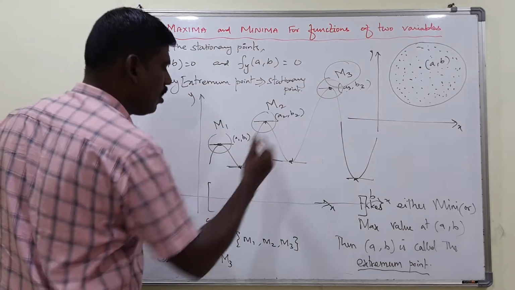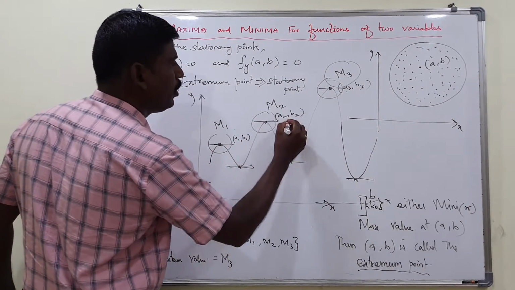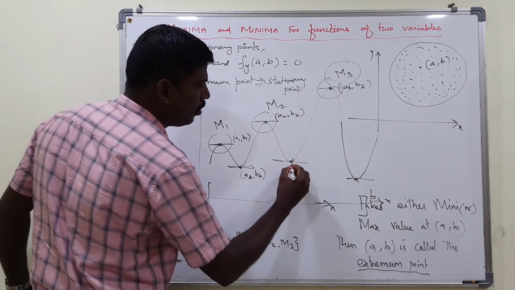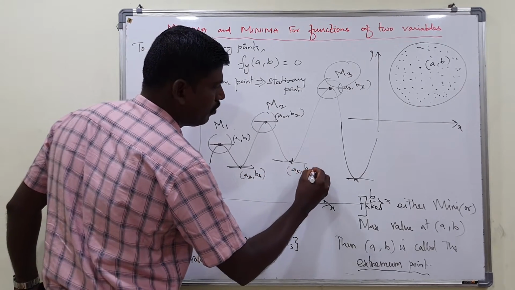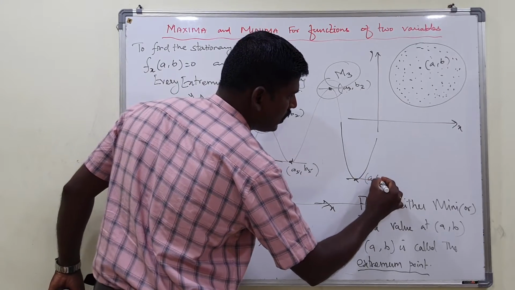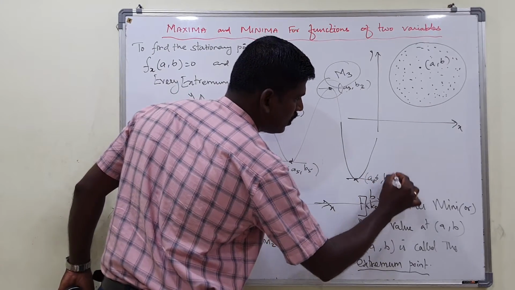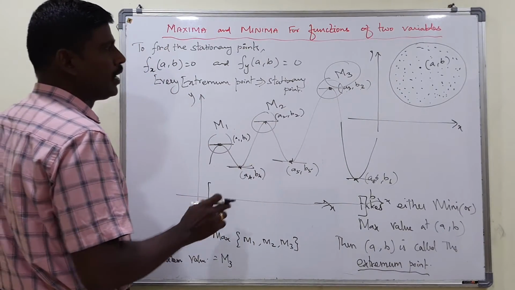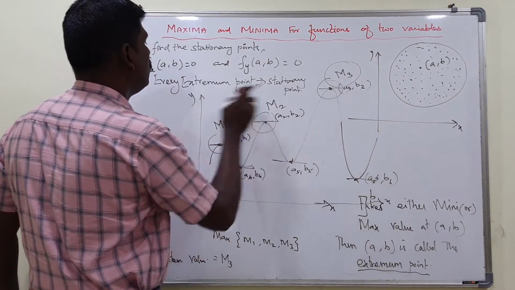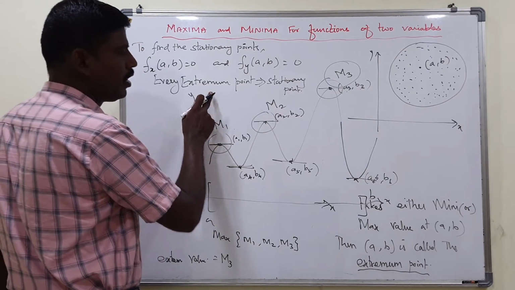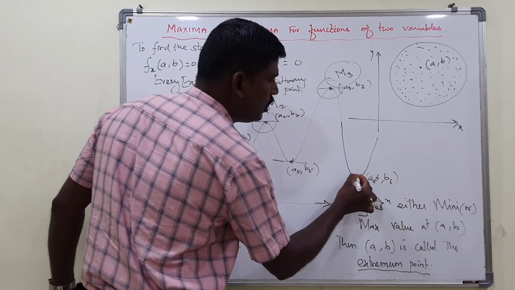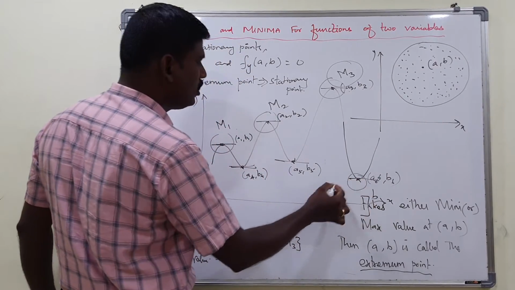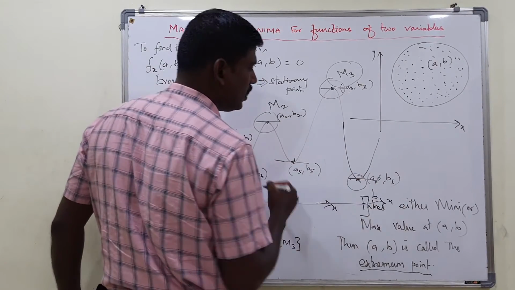So these are all stationary points: a1, b1, a2, b2, a3, b3, a4, b4, a5, b5, a6, b6. All these 6 points are called stationary points. But only this point is an extremum point, because this is the overall maximum, the maximum among the maximum points. And this point is also called an extremum point because it is the overall minimum in this interval.